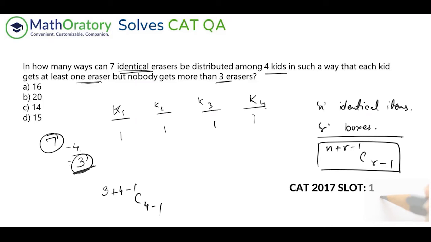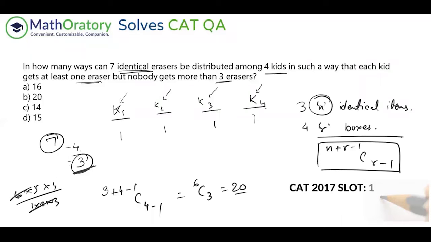Three items and four boxes, right? If you evaluate this, you get 6C3, which is 6 into 5 into 4 divided by 1 into 2 into 3. So that is 20.